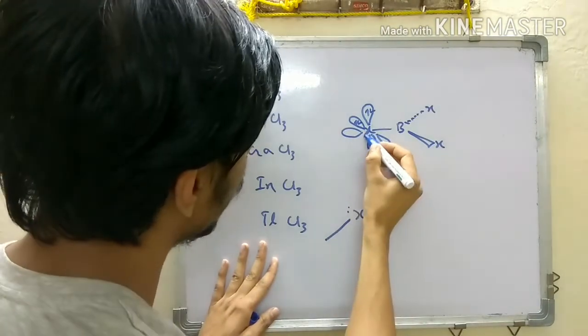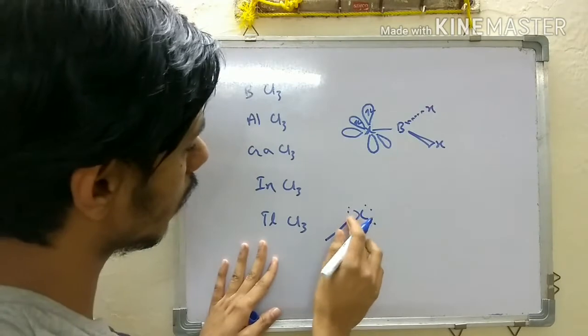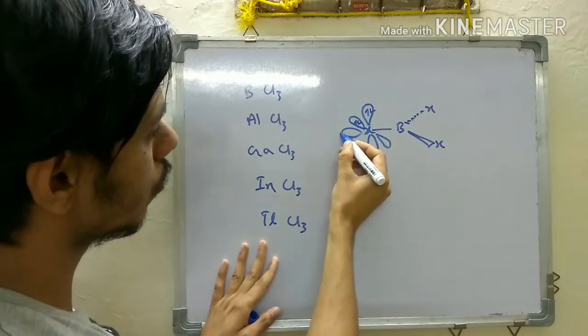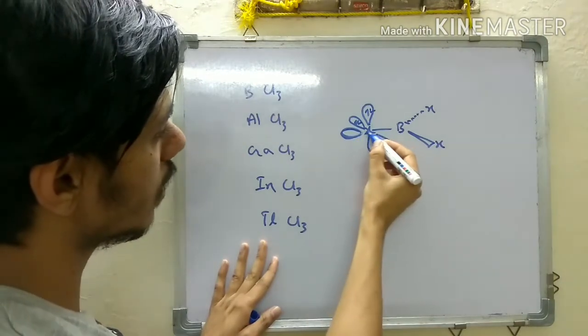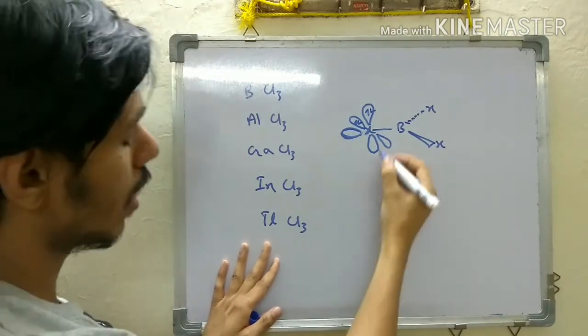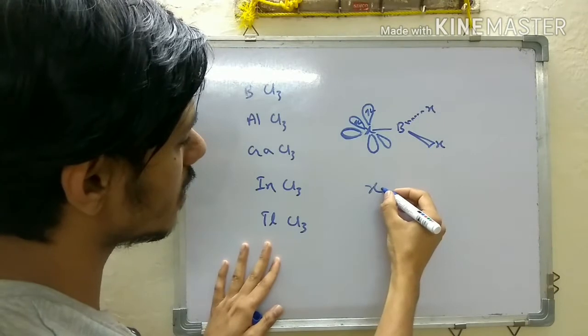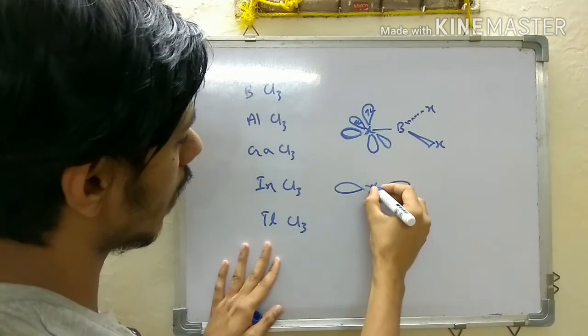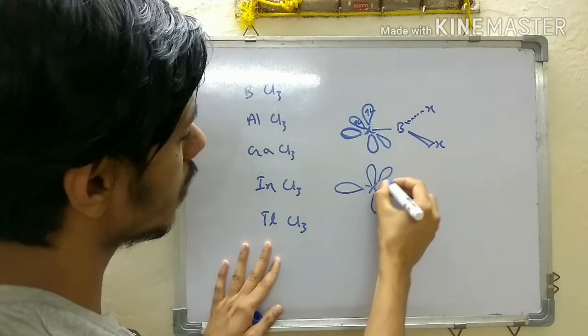So this is the halogen's sp3 hybrid orbital, but when it participates in bonding, the halogen will actually use its sp hybrid. So we can represent the sp hybrid like this, and there are unhybridized p orbitals.